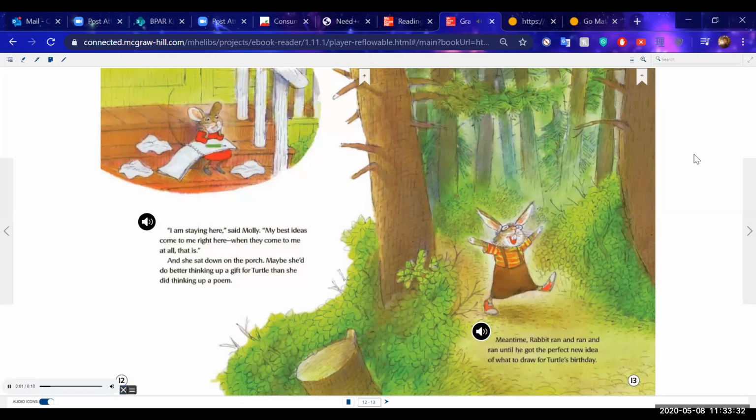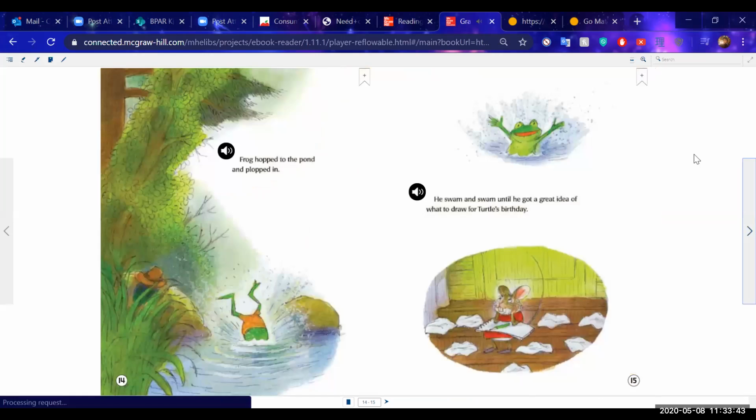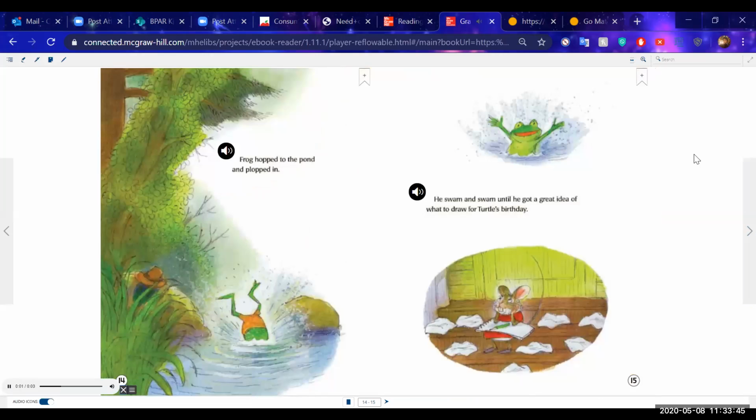Meantime, Rabbit ran and ran and ran until he got the perfect new idea of what to draw for Turtle's birthday. Frog hopped to the pond and plopped in. He swam and swam until he got a great idea of what to draw for Turtle's birthday.